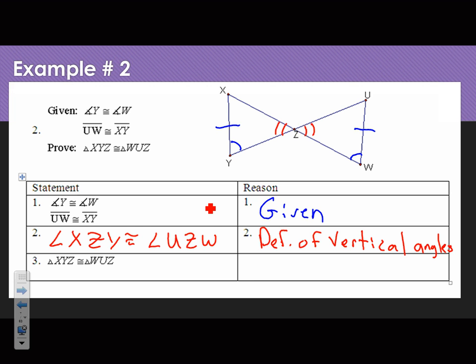All right, and we get abbreviated definition, DEF. And last thing, now we have to prove our triangles are congruent right here. Is what we want to prove, and we can do that this time by angle, angle, side. Angle, angle, side.